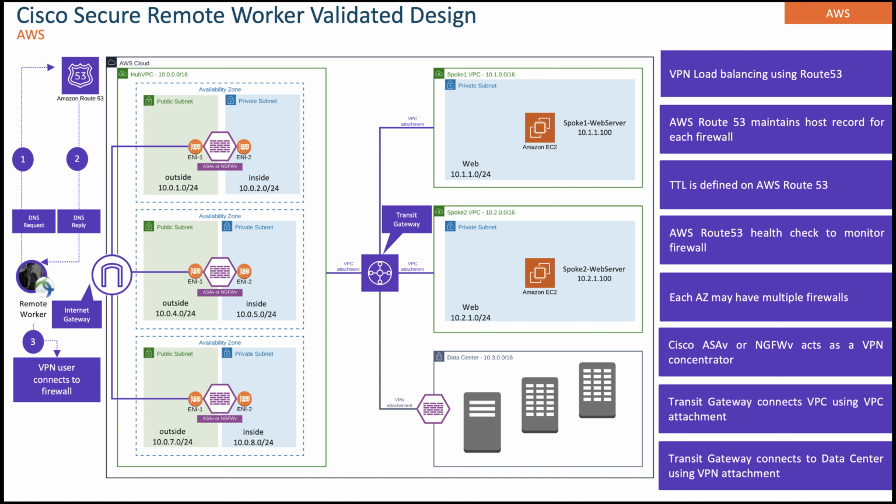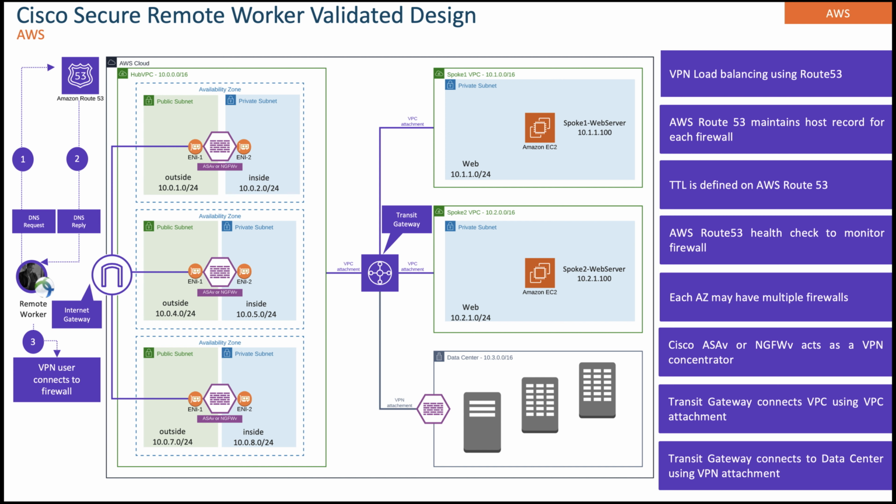And all these VPCs are connected using a transit gateway, AWS native transit gateway, using VPC attachment. Now, in this architecture, we have multiple firewalls. In this diagram, for real estate purposes, I've just shown one firewall per availability zone, but you can have multiple firewalls per availability zone, which is a recommendation.